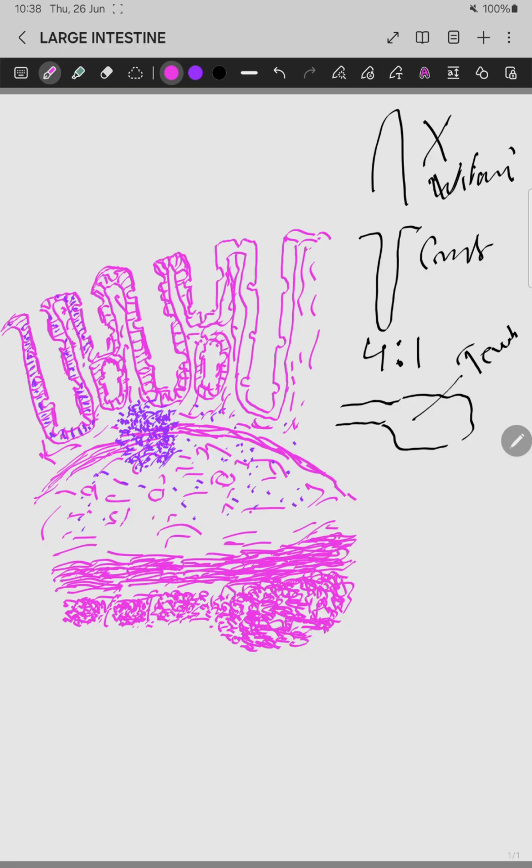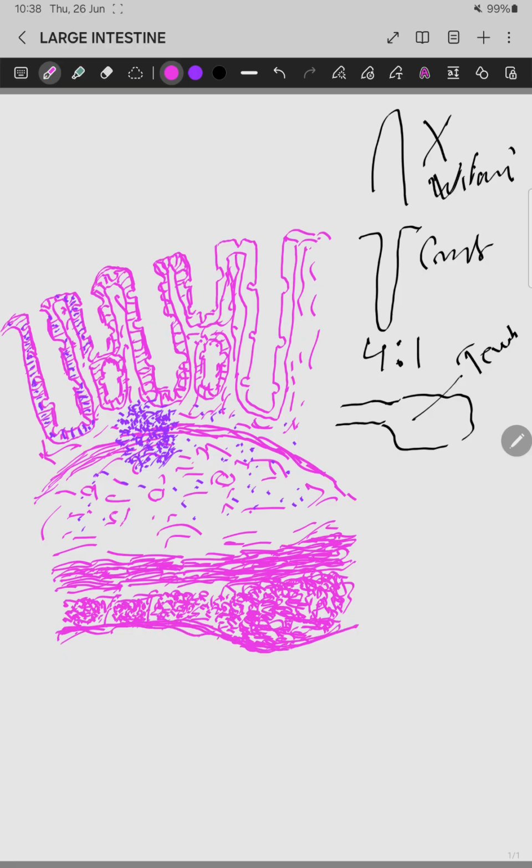So tinea coli, and then we can see that the large intestine can be covered with the peritoneum or can be adventitia, but for the beauty of diagram you have to draw a peritoneal line. Peritoneal lining is actually good for this appearance. So a mesothelial lining should be there, and over which we can see the mesothelial cells.